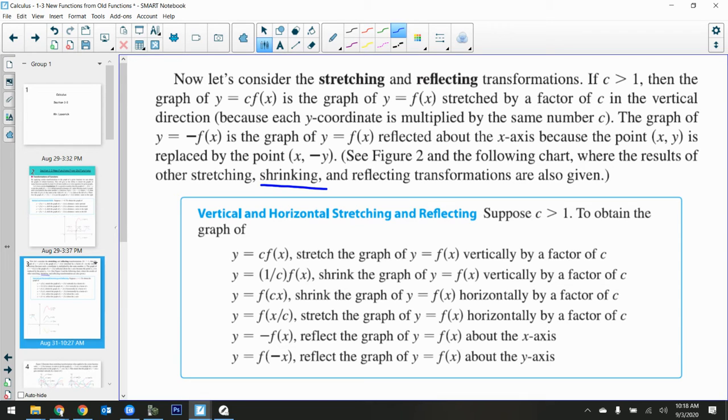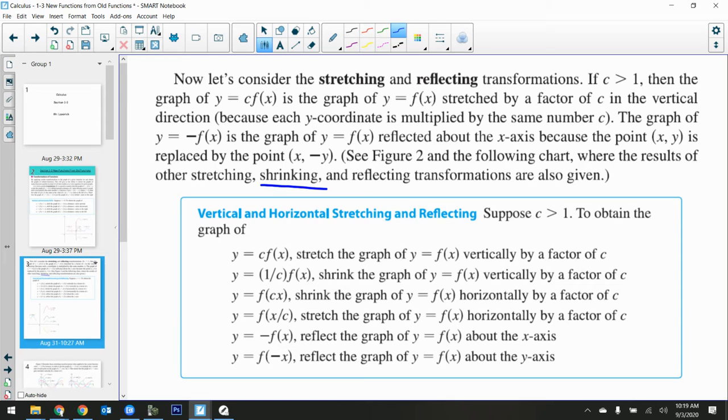If that number being multiplied on the outside is a whole number, meaning a number greater than 1, then I know it's going to be a vertical stretch. If that number is less than 1, so greater than 0, like 1/2, 1/3, 1/4, that's what they would call a shrink, a compression.